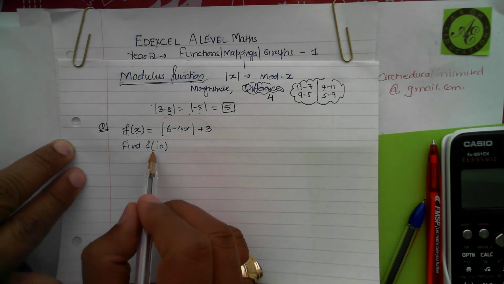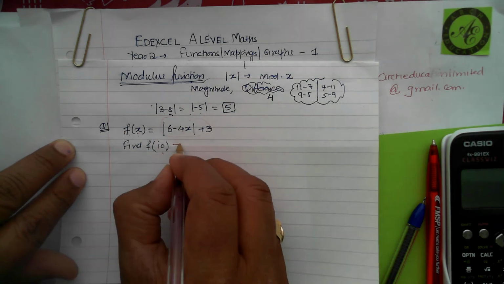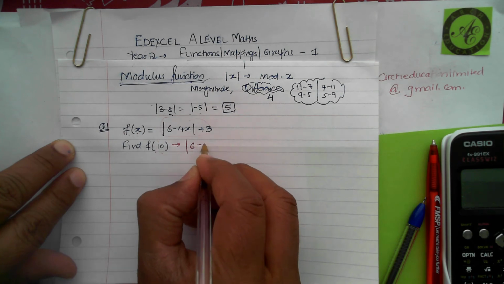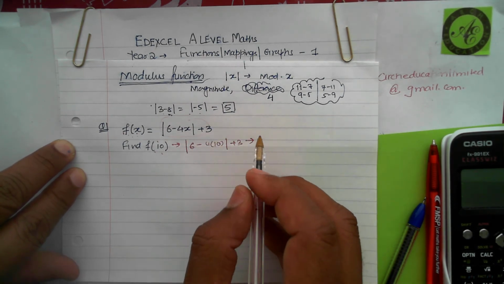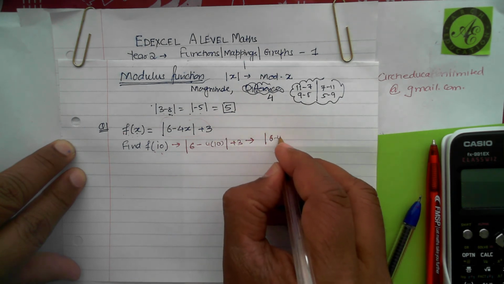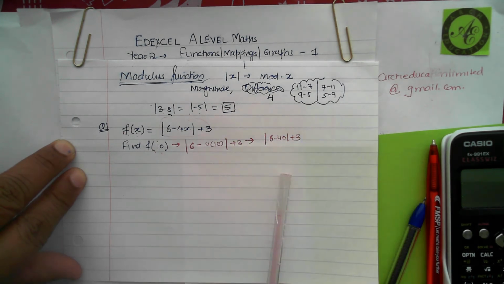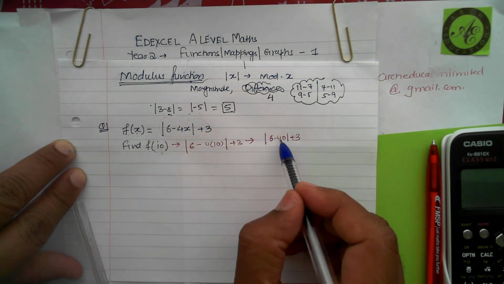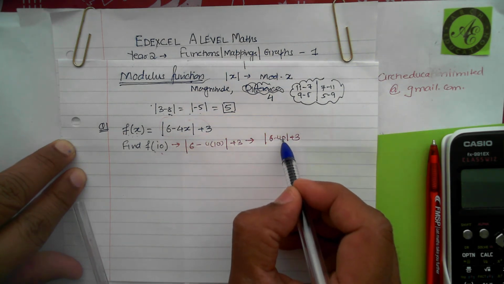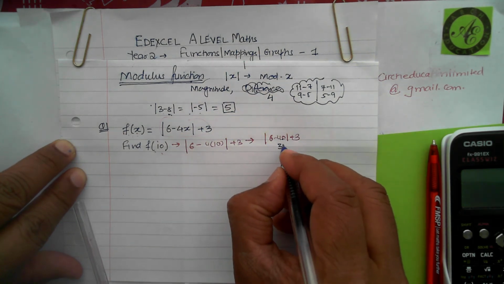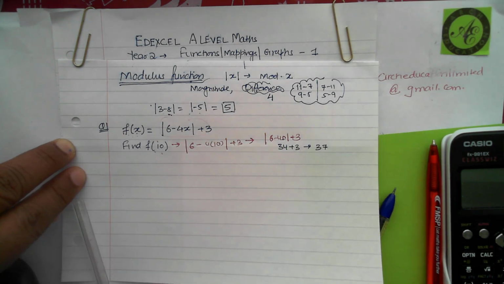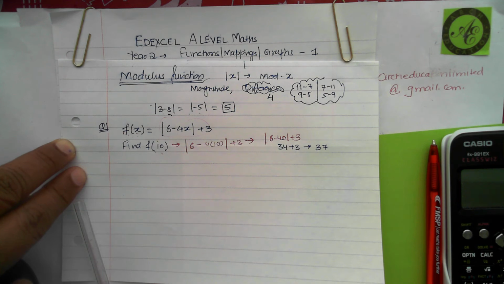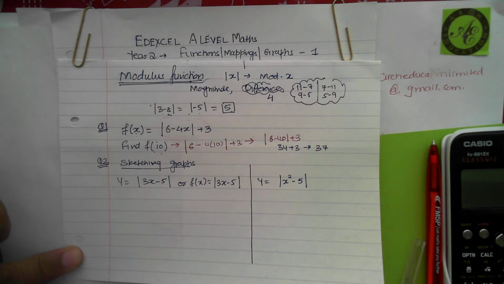So if I have to find f(10), 10 is the input, and I substitute 10 as x: 6 minus 40 plus 3. That's where the modulus comes in. 6 minus 40 should be -34, but because it's modulus, it is 34 plus 3. The answer is 37. That is your first type of question: just evaluate some outputs with the given input.